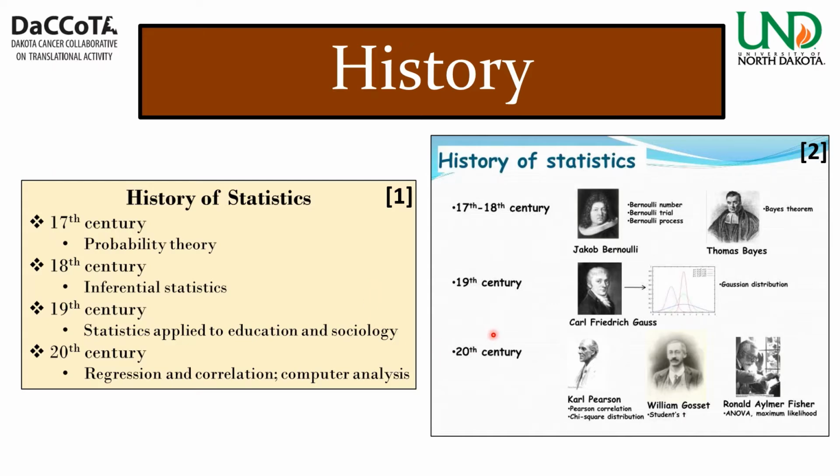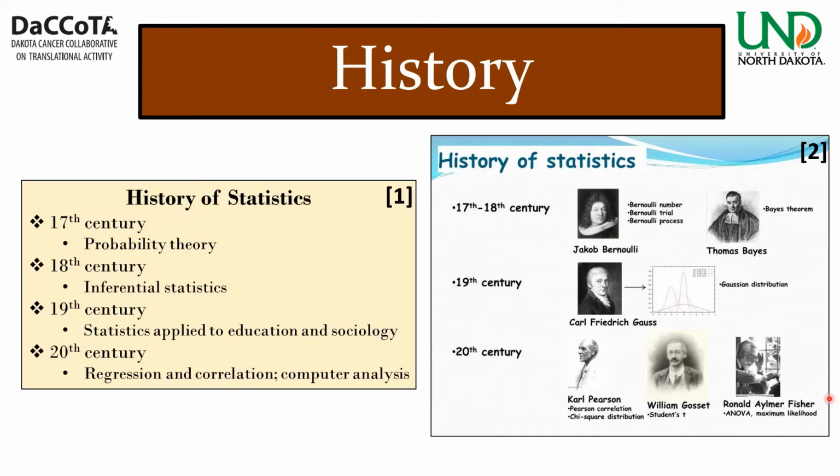The most notable statistician was Carl Friedrich Gauss, where we get the Gaussian or normal distribution. And then in the 20th century, we had things like regression, correlation, and then the advent of computer analysis.